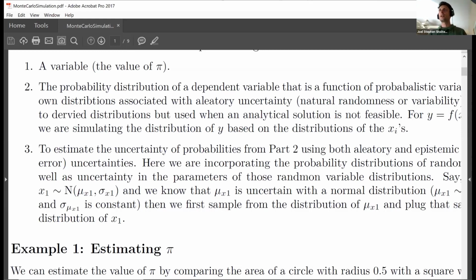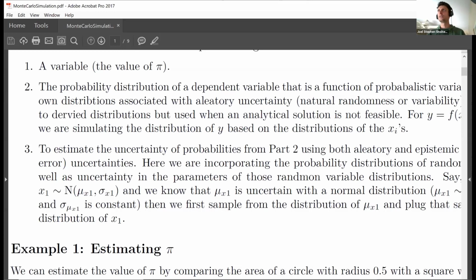If we draw a square that has a side equal to 1, the area of that square is 1, right? 1 times 1 is 1. And if we inscribe a circle within that square with a radius of 0.5, we can then simulate a bunch of random points and count up the number of points that fell in the circle versus those that fell outside the circle and in the square.